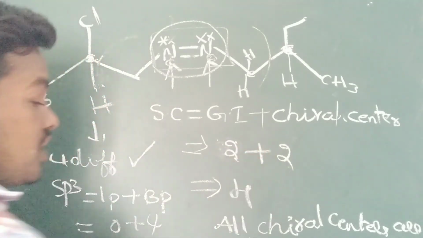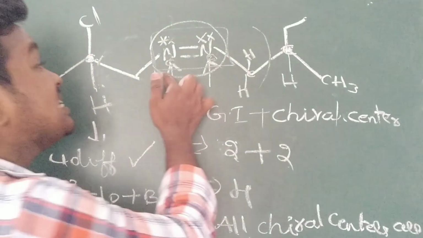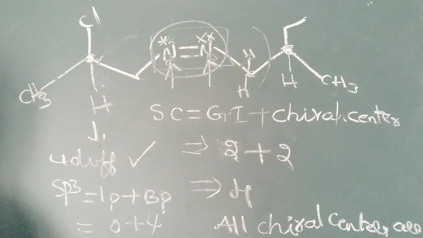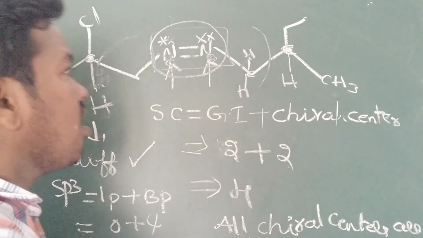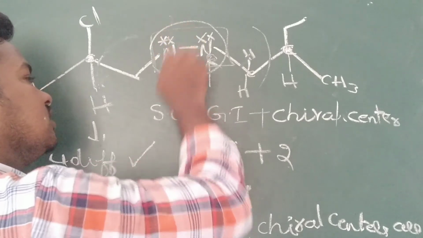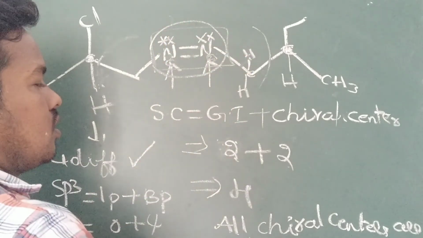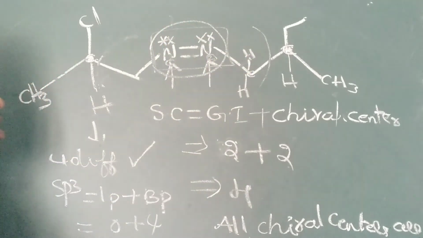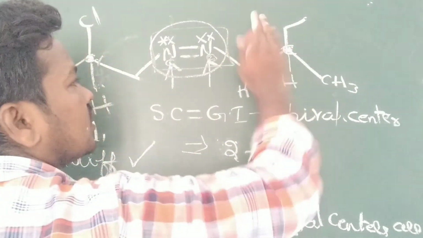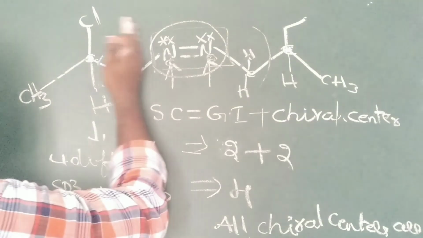So that is the next one. All geometrical isomerisms are called stereo centers, but are all stereo centers chiral centers? Can we call all stereo centers chiral? For example, these are the stereo centers only, no? So how can you say that? For example, this is not a chiral carbon, and this is also not a chiral carbon.